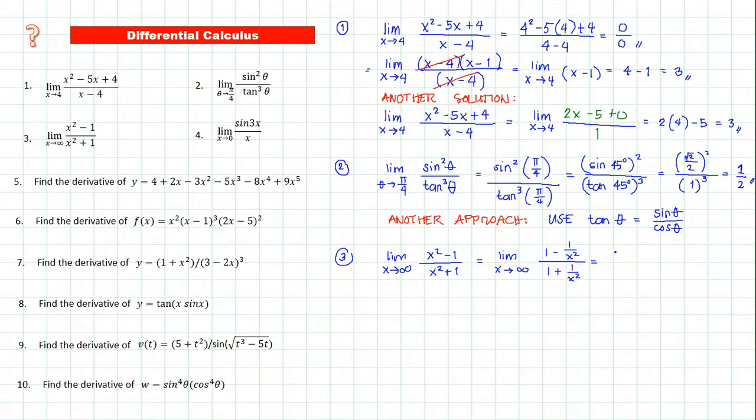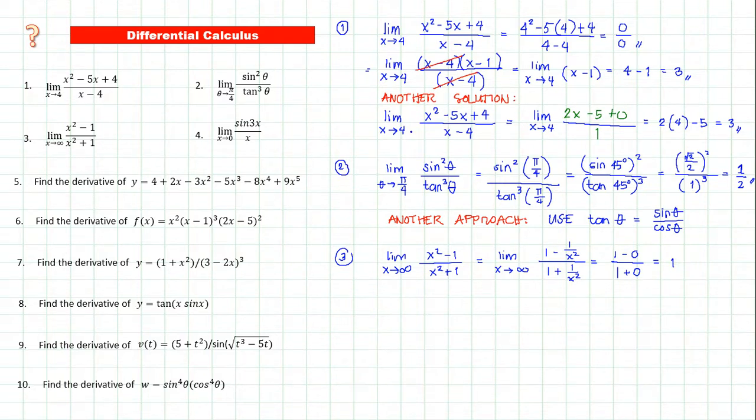Kasi, mangyayari dyan, 1 minus 1 over infinity is 0, right? And yung sa denominator naman, 1 plus 1 over infinity is another 0. Therefore, ang sagot dyan ay 1. No? So, 1 over 1 is equal to 1.